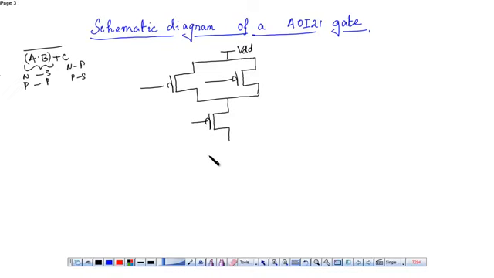And just the reverse will be the pull down circuit, that is, the first two inputs will be in series and the third input just in parallel.